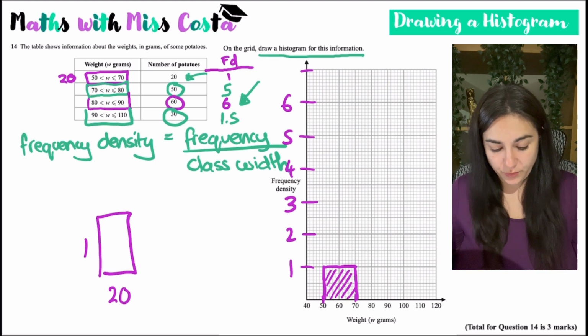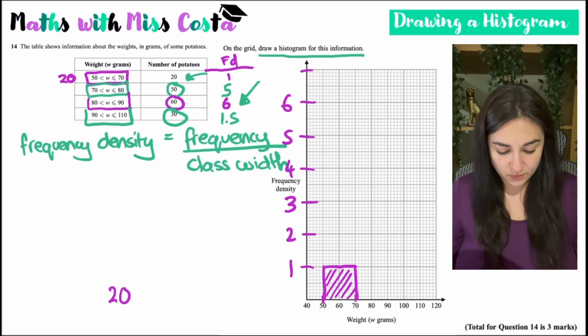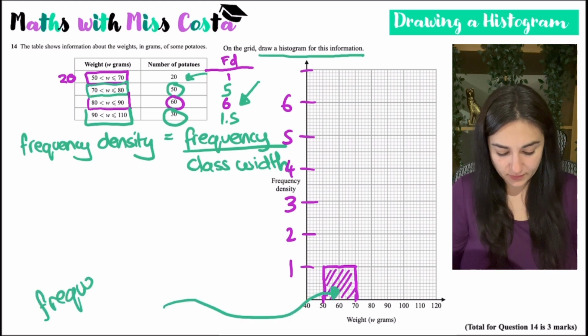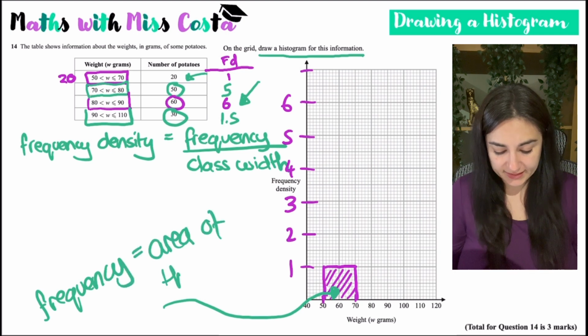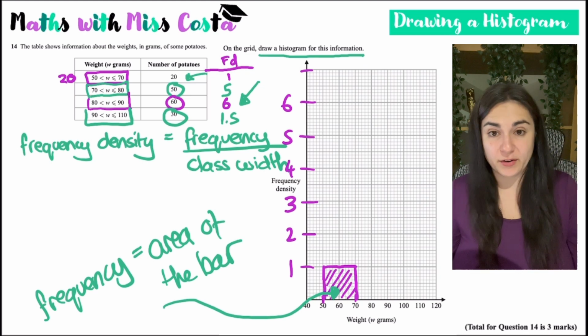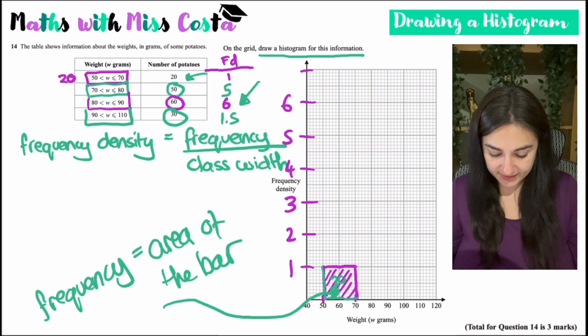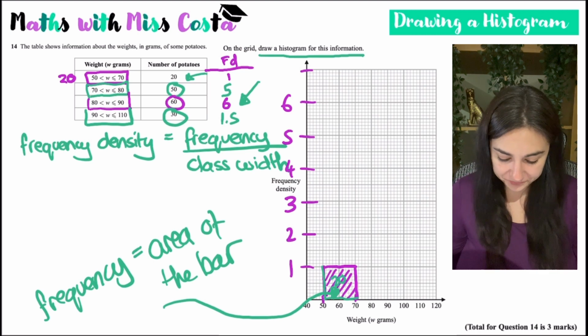And really quickly, just so that you are aware, the frequency is always going to be the area of the bar. So to double check you've got it right, what's the area of the bar? Well, the width, or the base, is 20, the height is 1, 20 times 1 is 20. So yeah, I know I've done it right.